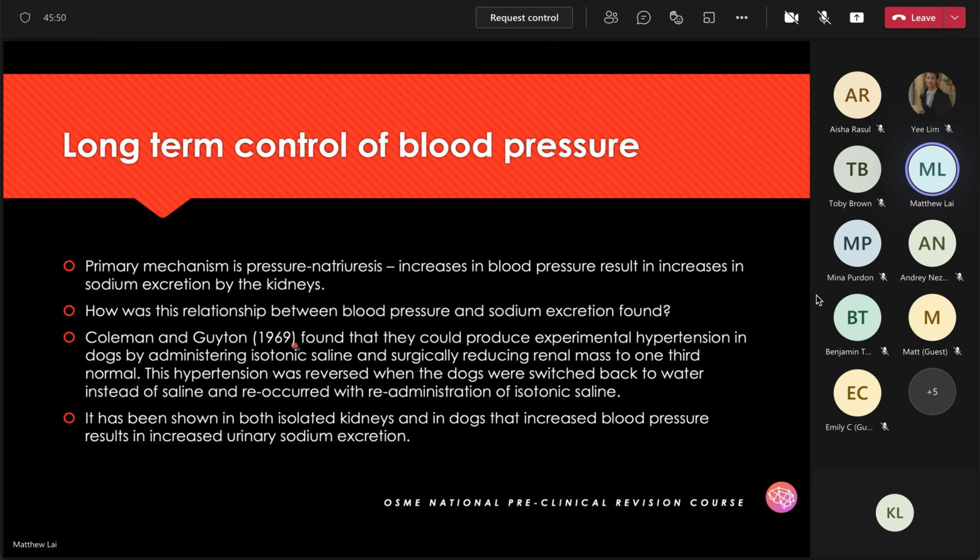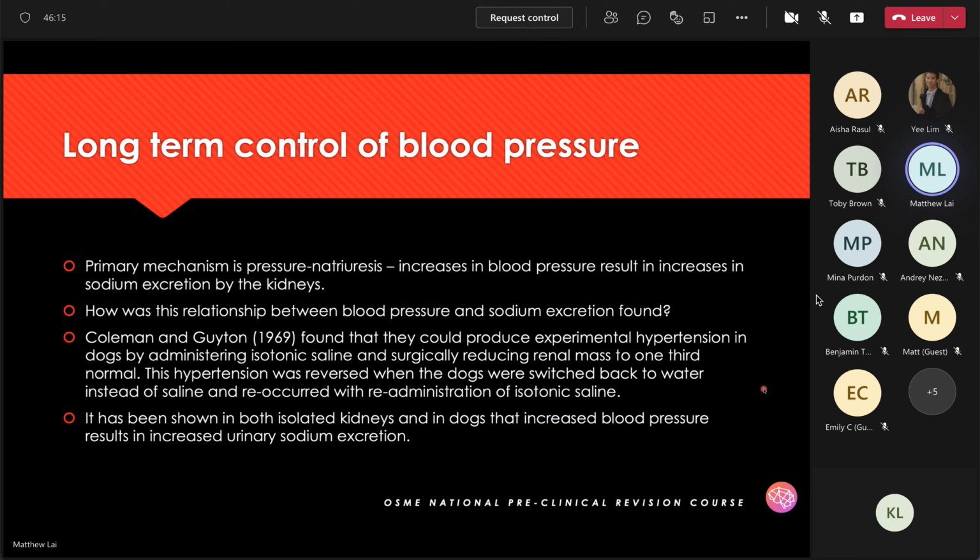Coleman and Guyton in 1969 found that they could produce experimental hypertension in dogs by administering isotonic saline and also surgically reducing renal mass to 1/3 normal. I presume they did this to increase the effect of their experiment. So this hypertension they found was reversed when the dogs were switched back to water instead of saline.